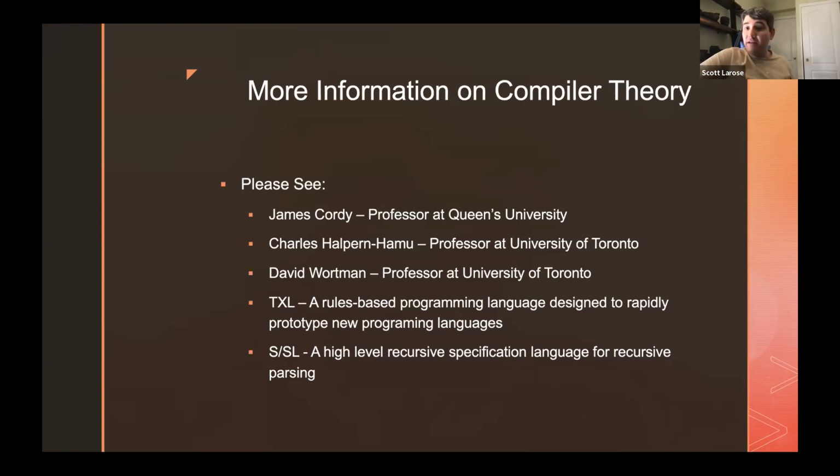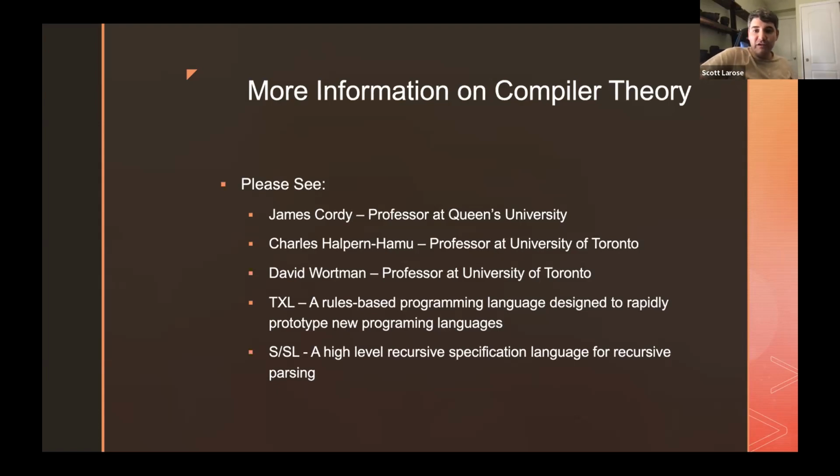I also recommend, if you are interested in compiler design, I've done a very high level description of it. And before we get into the more Xcode and language specific aspects of longer compile times, definitely check out TXL.